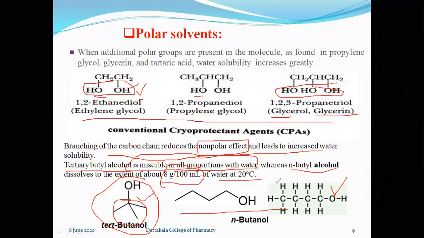So what does it indicate? The n-butanol will dissolve into the water in what proportion? 8 gram in 100 ml. At what condition? 20 degrees Celsius temperature. In case of tertiary butyl alcohol, is this applicable? No. Because tertiary butyl alcohol is soluble in all proportion because of the greater polarity present in it.